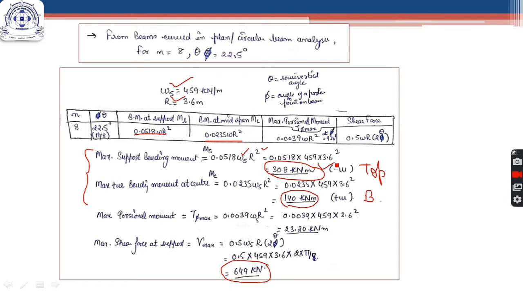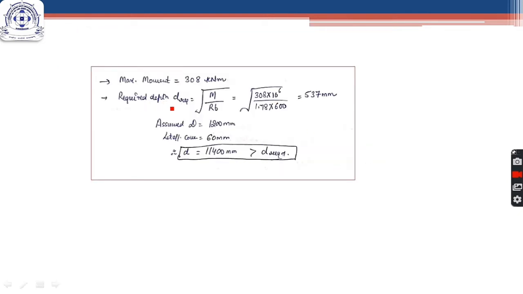So 308 is maximum. On the basis of this we select the required depth of beam by this formula, under root M upon R B, where R is the design constant of working stress method, which we have calculated in the first step of this question. So 537 mm is the required depth.